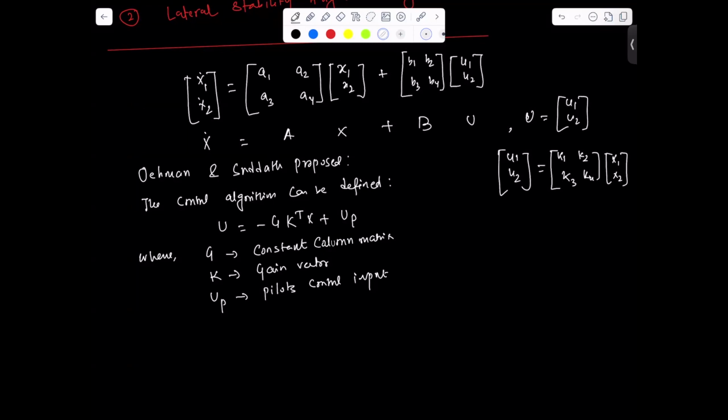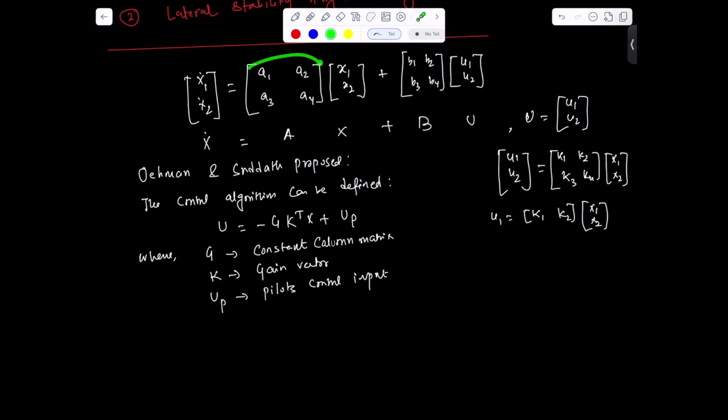In the previous case, if you remember, if we consider only u1, we had K1, K2, and x1, x2, right? This is how we designed. But in this case, we are going to design two control inputs separately, so our control gain matrix should have this structure.